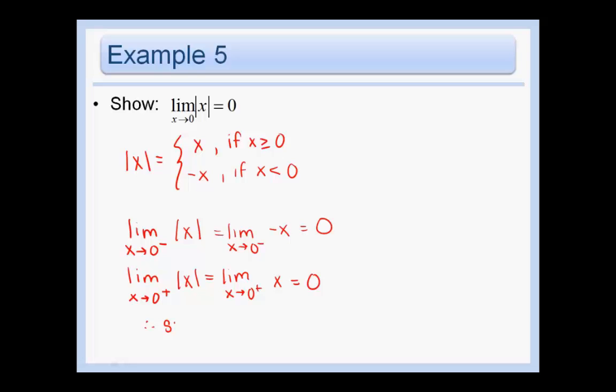Therefore, since the limit from the left equals the limit from the right, which equals 0, we can say that the limit as x approaches 0 of the absolute value of x equals 0 also. Done.